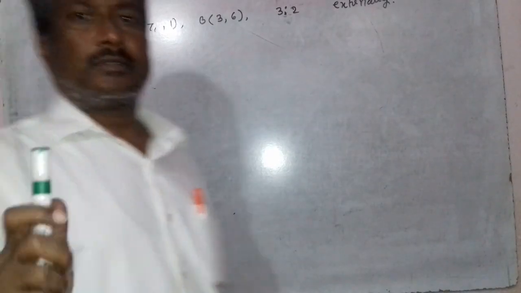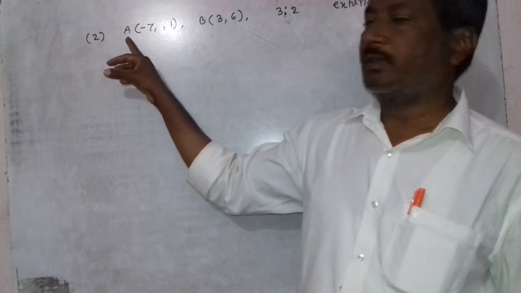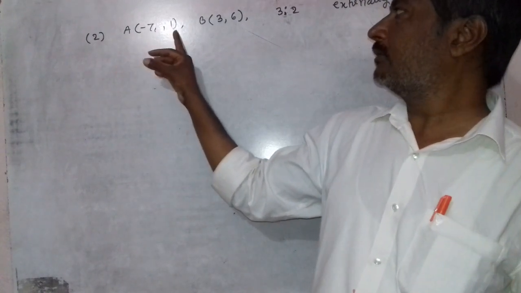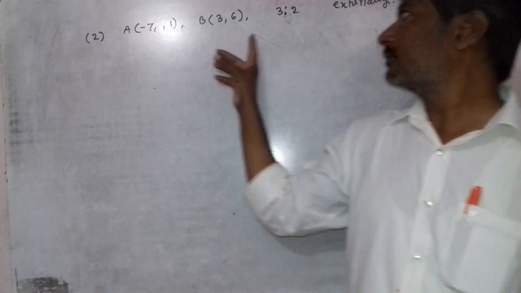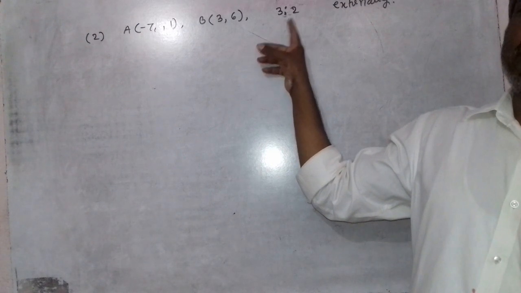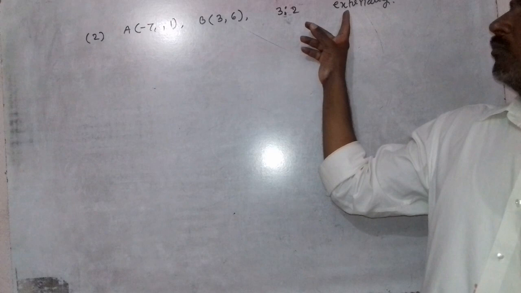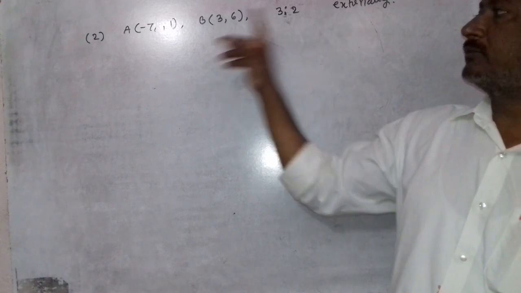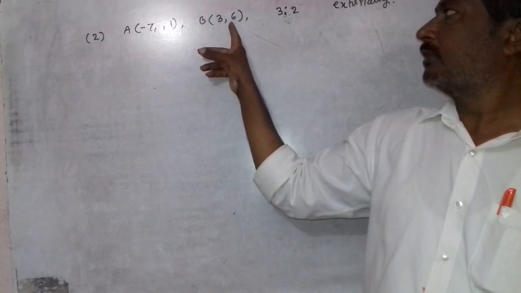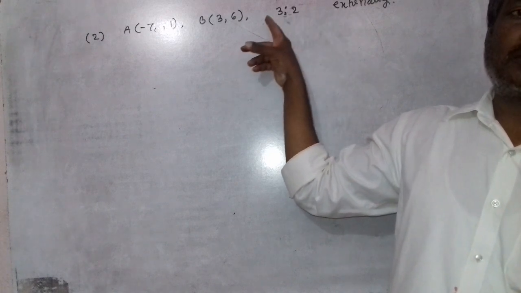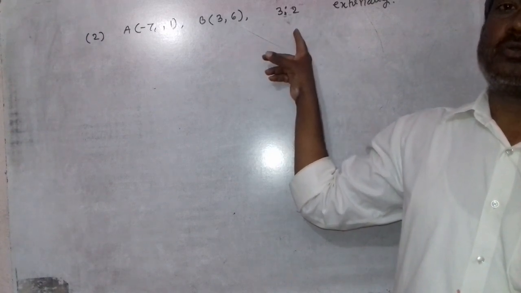Now consider the second problem. A is minus 7 comma 1, B is 3 comma 6, ratio is 3:2 and nature is external. The point P divides the join of AB externally in the ratio 3:2.